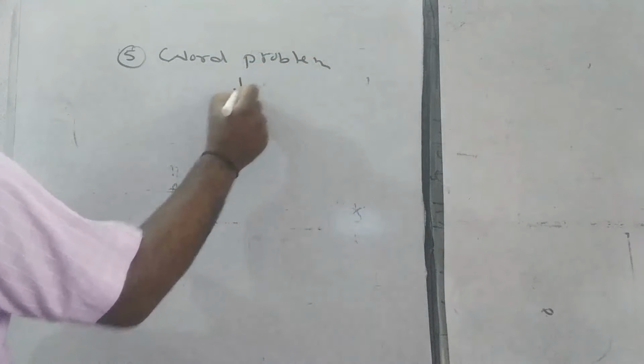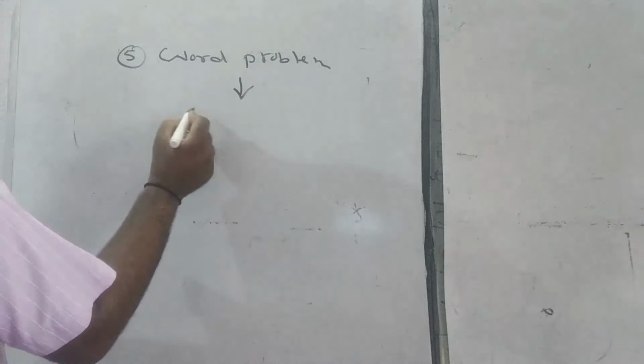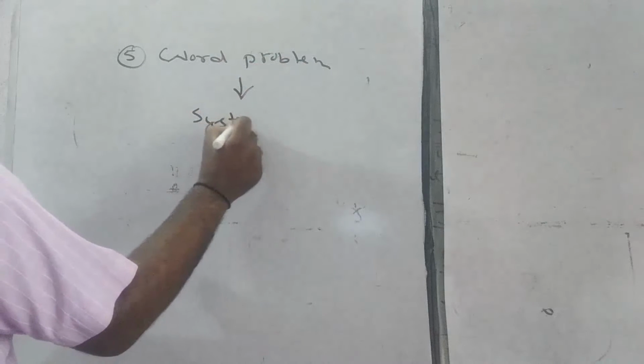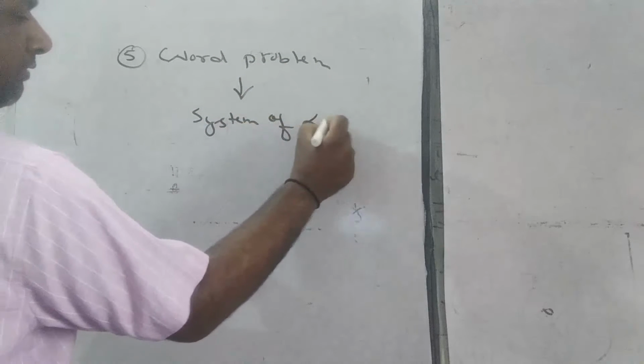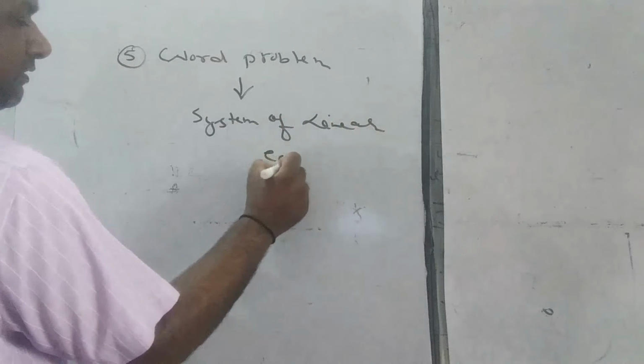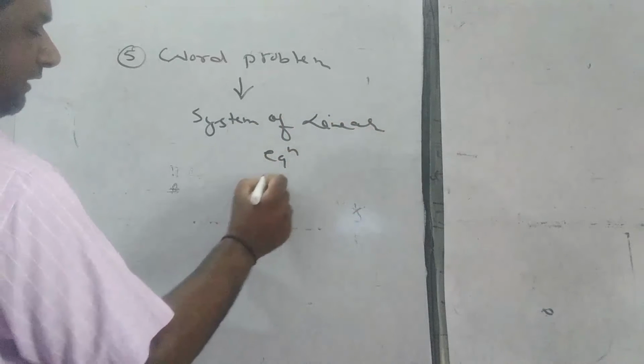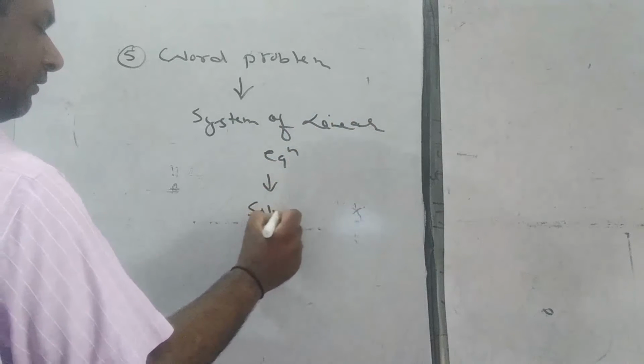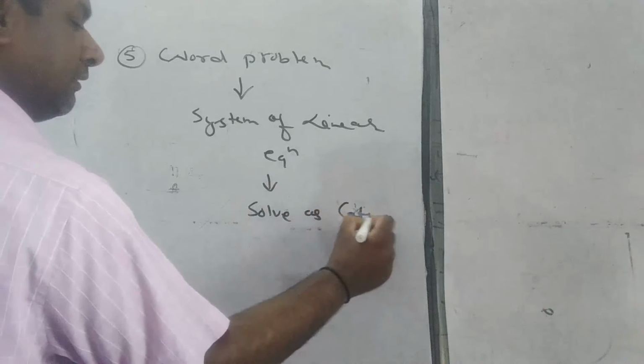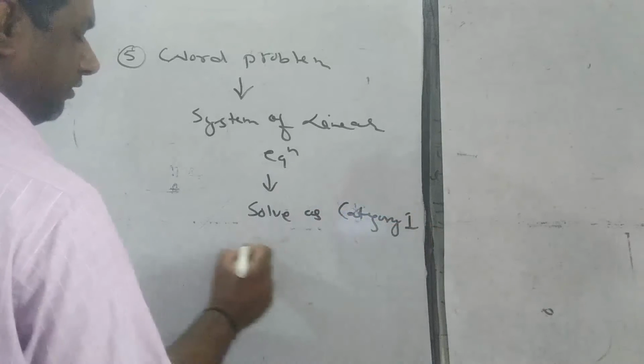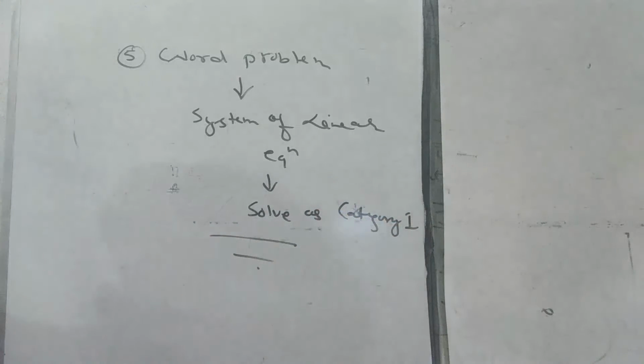We can convert a word problem into a system of linear equations, and then solve as in category 1. So these are the 5 categories in this chapter, system of linear equations.